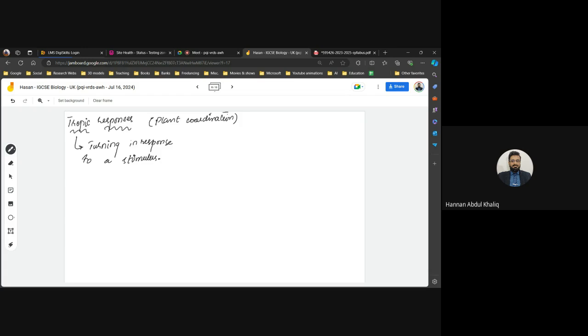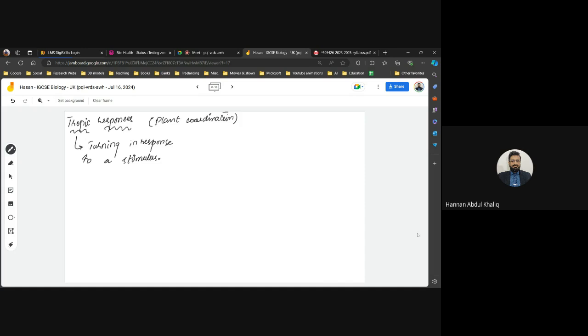Some hormones turn on a procedure that was not happening previously. Those hormones are called tropic hormones, which means turning hormones. They are either turning on or turning off something.